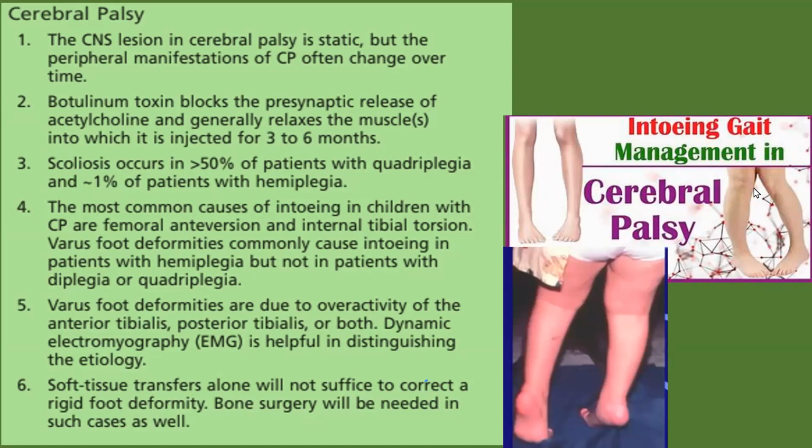The most common causes of intoeing in children with cerebral palsy are femoral anteversion and internal tibial torsion, with various foot deformities commonly causing intoeing in patients with hemiplegia, but not in patients with diplegia and quadriplegia.